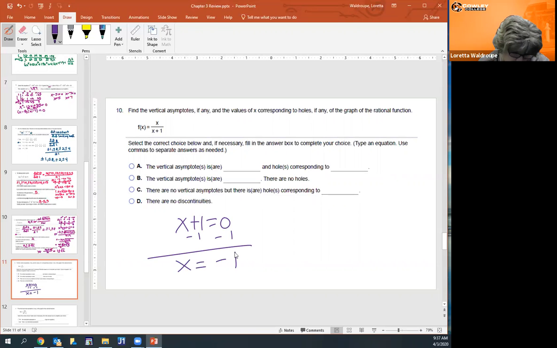So that's my vertical asymptote, and there are no holes. Okay? And this says type an equation, so you do need to use x equals.